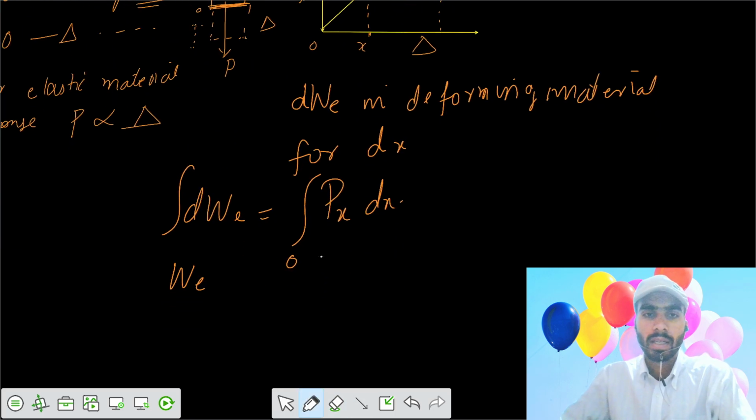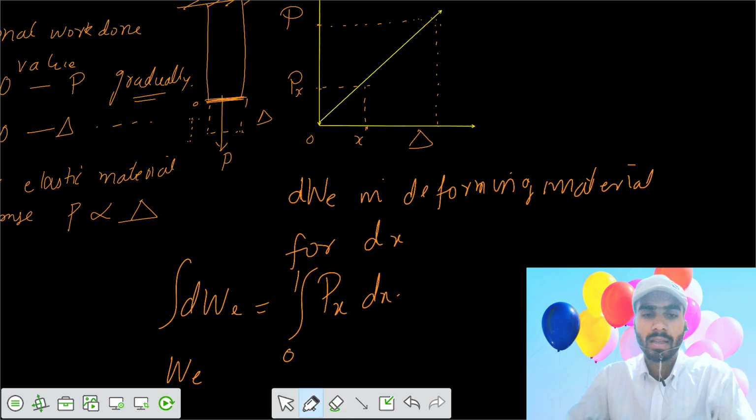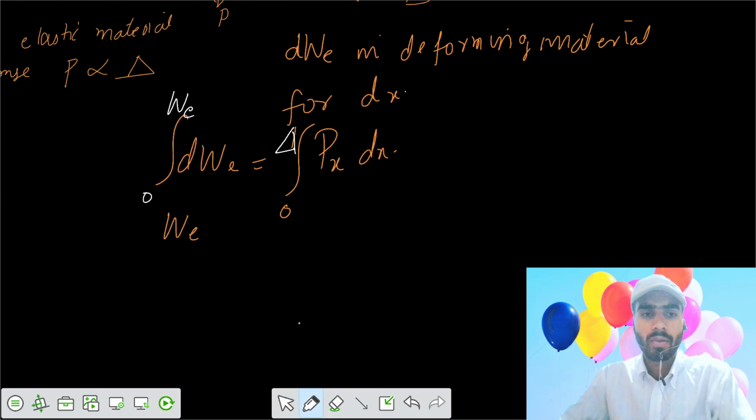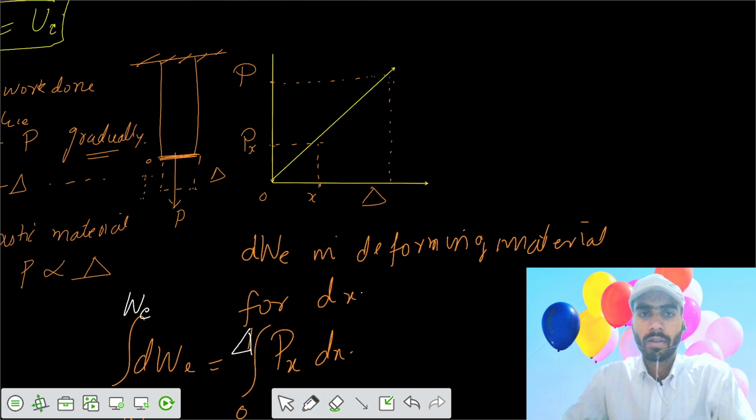We are deforming the material from 0 to delta, because x is the variable of dx, so we integrate from 0 to delta. What is the value of Px, the load at any x?